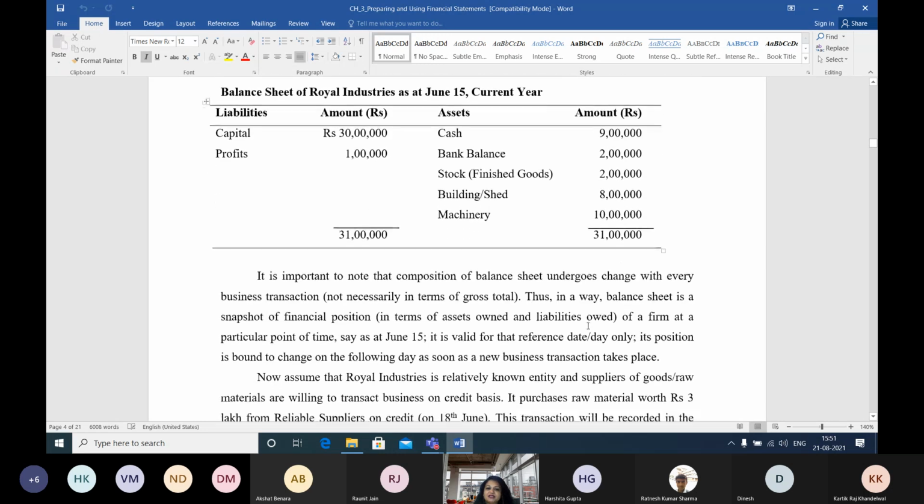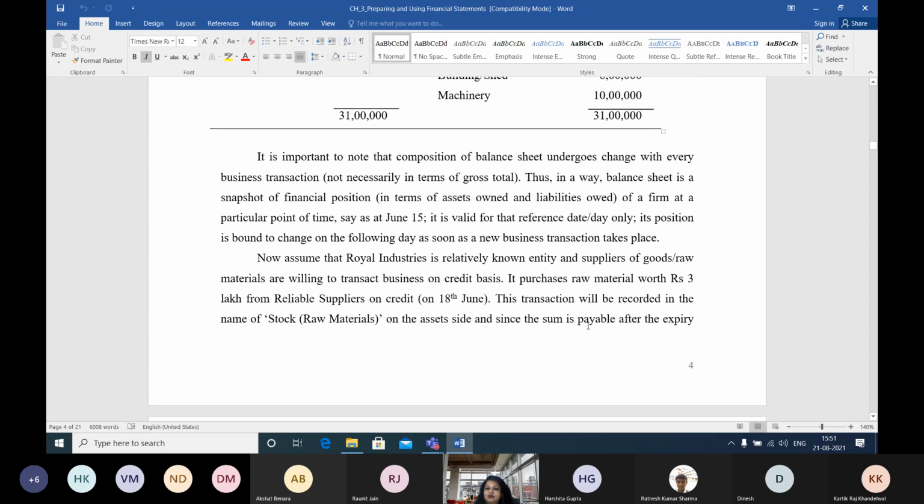Okay. It is important to note that the composition of balance sheet undergoes change with every business transaction, not necessarily in terms of the gross total. Thus, in a way, balance sheet is a snapshot of the financial position in terms of assets owned and liabilities owed of a firm at a particular point of time, say as at June 15.